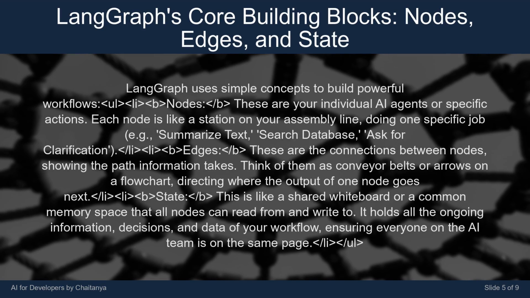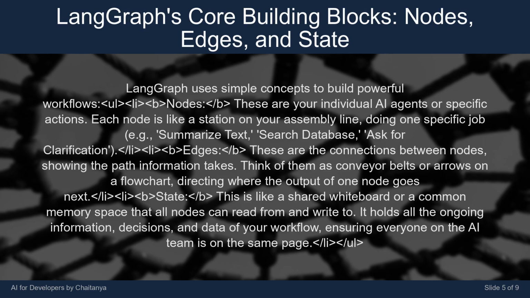LangGraph uses simple concepts to build powerful workflows. Nodes: these are your individual AI agents or specific actions. Each node is like a station on your assembly line, doing one specific job, e.g., summarize text, search database, ask for clarification.